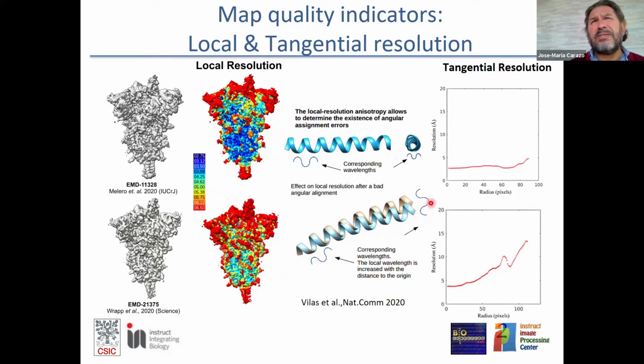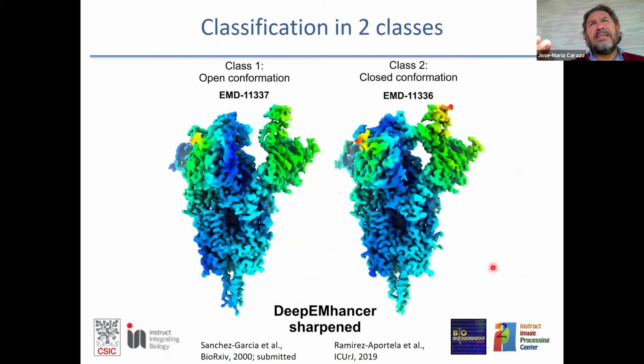This is especially noticeable in the direction perpendicular to the radius, that is, the tangential resolution. You see how the tangential resolution was very good in our case, and was not so good in previous cases. Then we went into the classification, and here you see the two classes with very good sharpening that you can find from the group in the CPM.